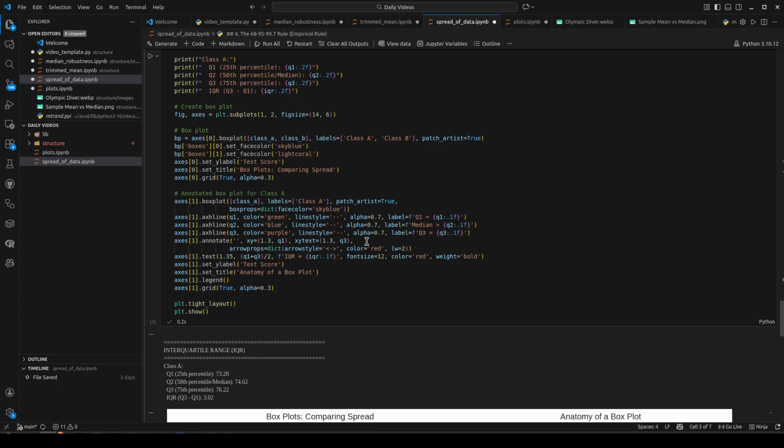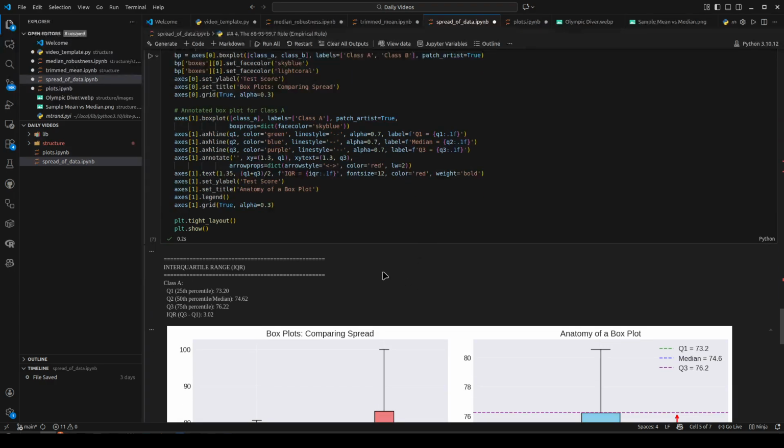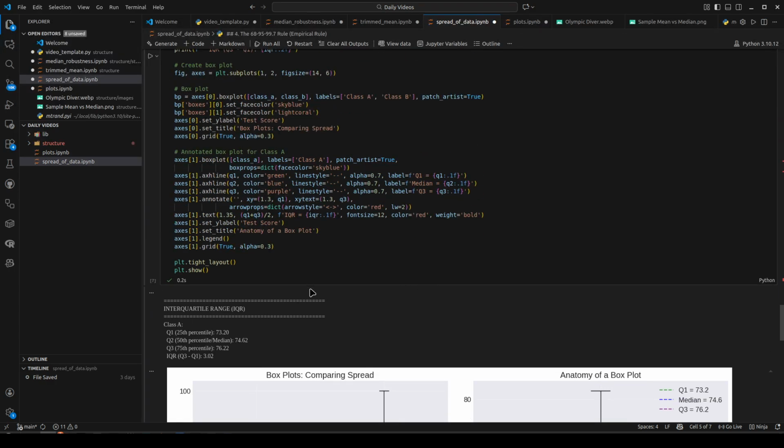Now we look at another measure of spread called the interquartile range. So standard deviation and variance use the mean as the central point of the calculation, right? You need to subtract the mean from every data point to reach those values. Now with the interquartile range, what you do instead is you use the median.